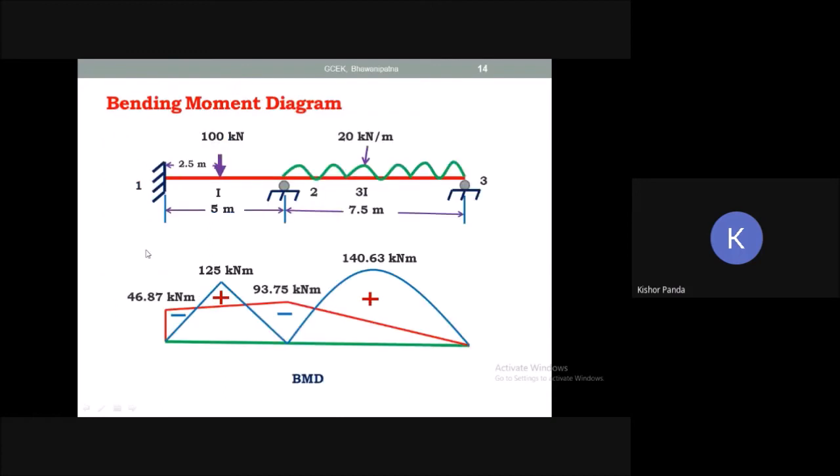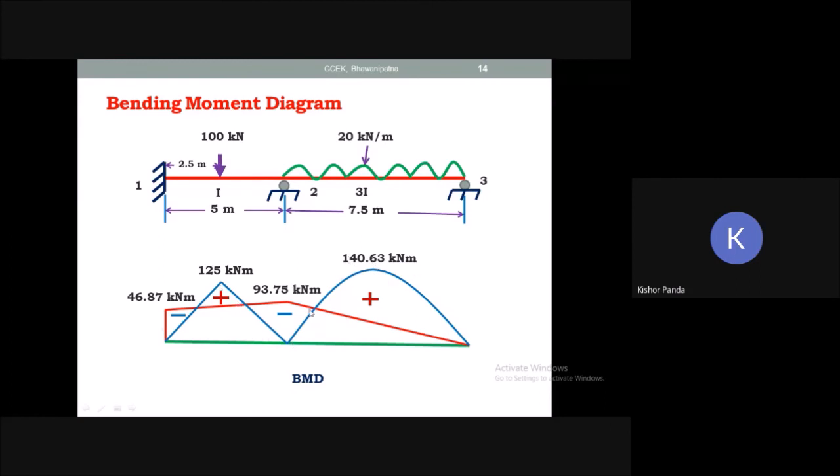Then you have to draw the bending moment diagram. Here you got 46.87, and here you got 93.75 at support 2, and here the moment is 0. So this is the negative moment diagram. And for the free BMD, this is the positive moment diagram, and here 125 kilonewton meter, and here this is parabolic 140.63 kilonewton meter.